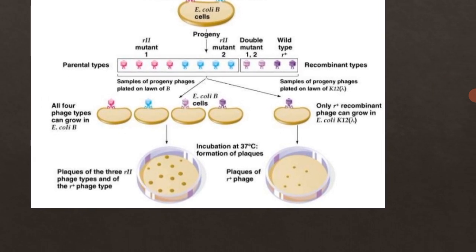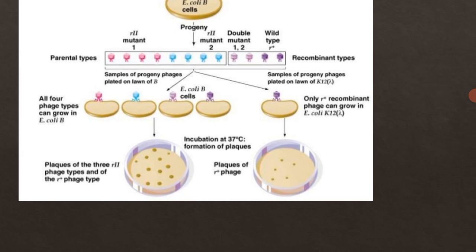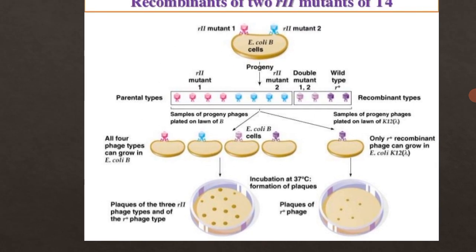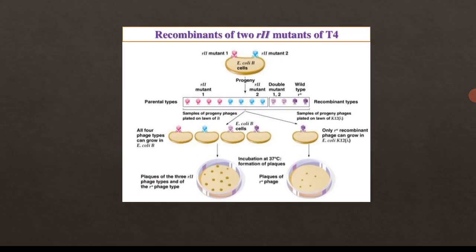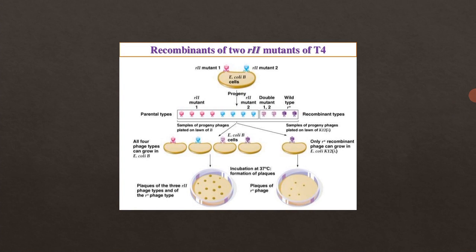Now this test can also be called the spot test. Okay, that is the Benzer spot test, right? Now with this test, what he concluded was that after recombining the mutant strains of the bacteriophage T4, we can get the wild type R plus phage. Okay, with recombining the mutants we can get wild type.